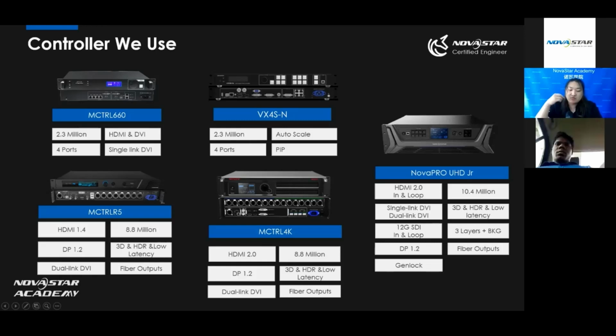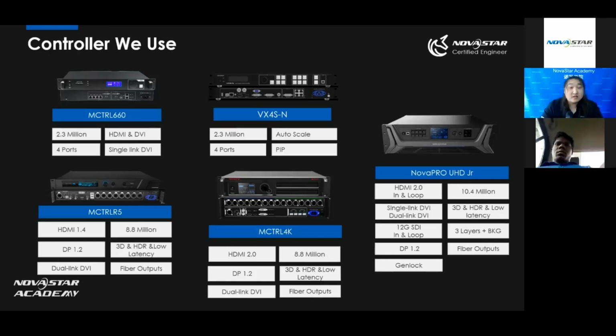That means it's really flexible for you to choose the video processor on the front side. And also it supports 8.1 million pixels. That's a real one, huh? And for the advanced features, it supports 3D, HDR, and low latency, and still it has the fiber outputs.